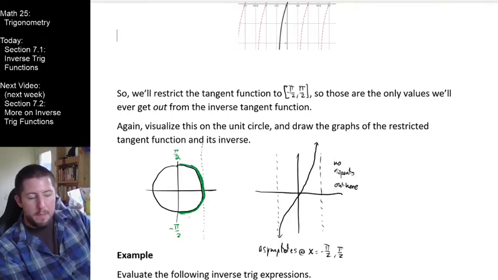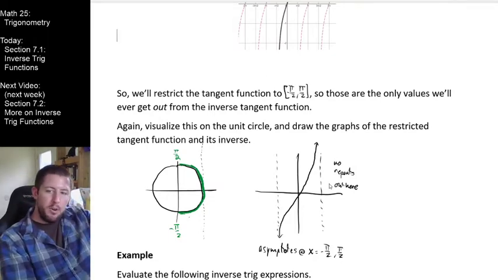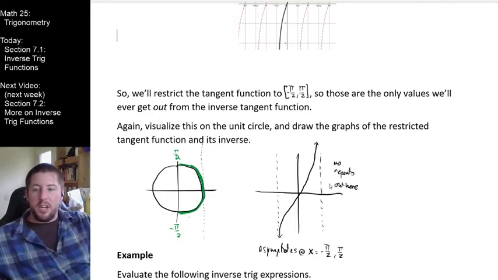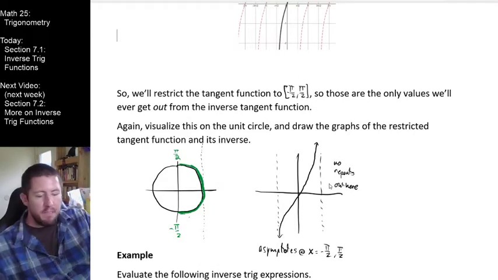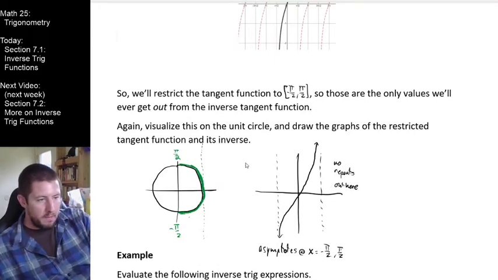Again, importantly, there's no repeat parts out here, right? Tangent just keeps on doing copies of that in general, but we're restricting the domain to only see one copy of the tangent function, right? No repeats out here. Now, notice one thing though.